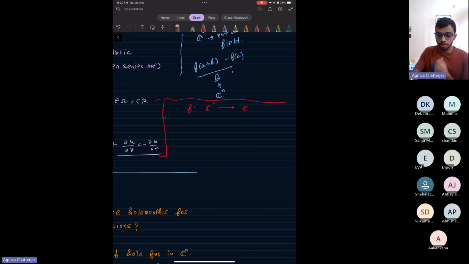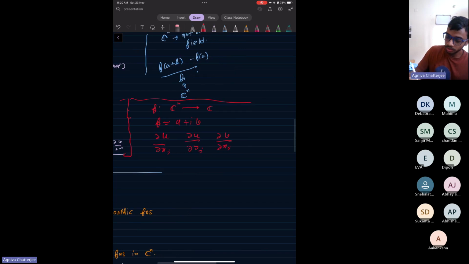If f is u plus iv, then you have du/dxj, du/dyj, dv/dxj, and dv/dyj. So you have 4n many real partial derivatives.